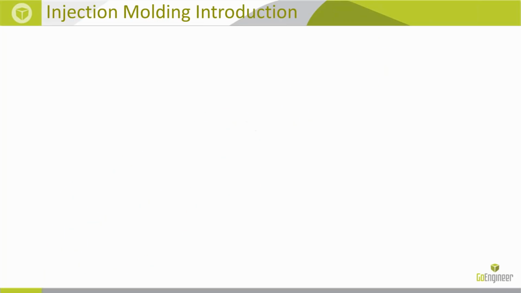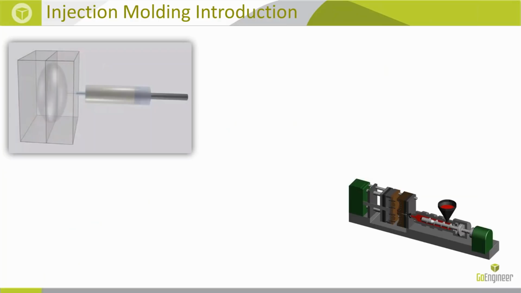Sure, Amee. So injection molding is a mass manufacturing process. The way it works is the machine that you see on the right bottom, you have a hopper and pellets that you put in, and there is a barrel and a screw that heats up those pellets through the heating elements and friction.